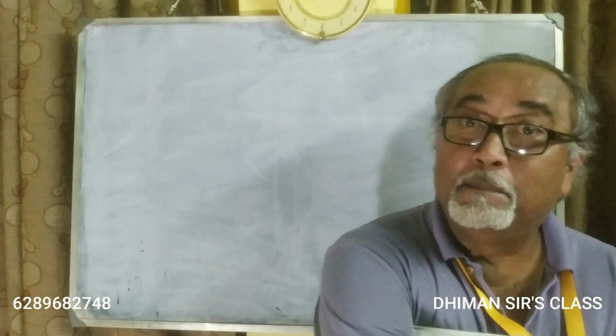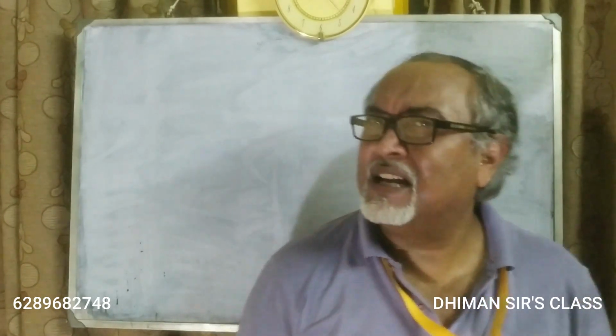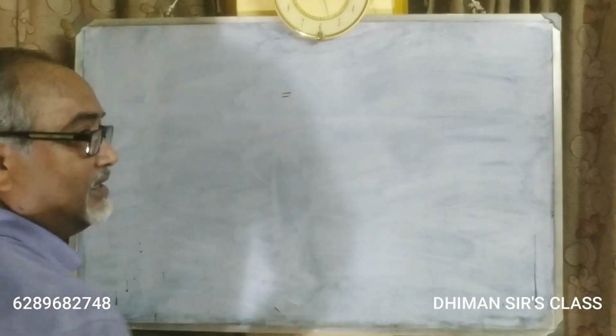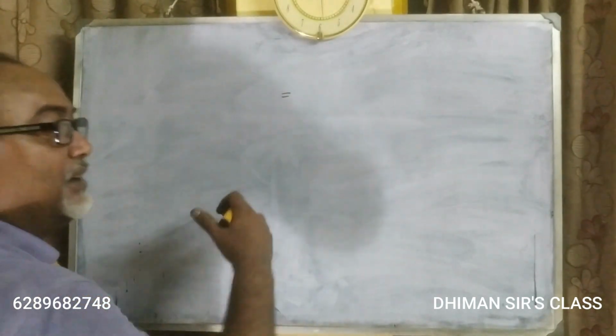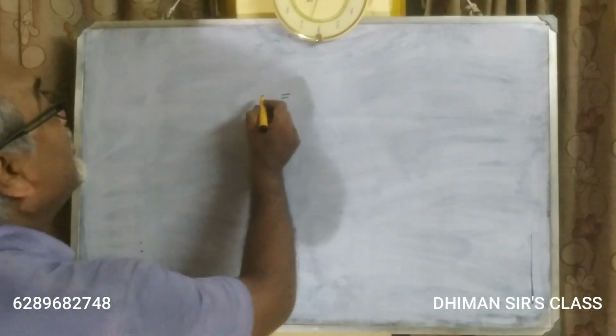So let us start with equations, simple equations. Now see, what do we mean by equations? Equation means something related to the equal to sign, isn't it? So the equal to sign means here it will be an algebraic or mathematical expression having two sides.